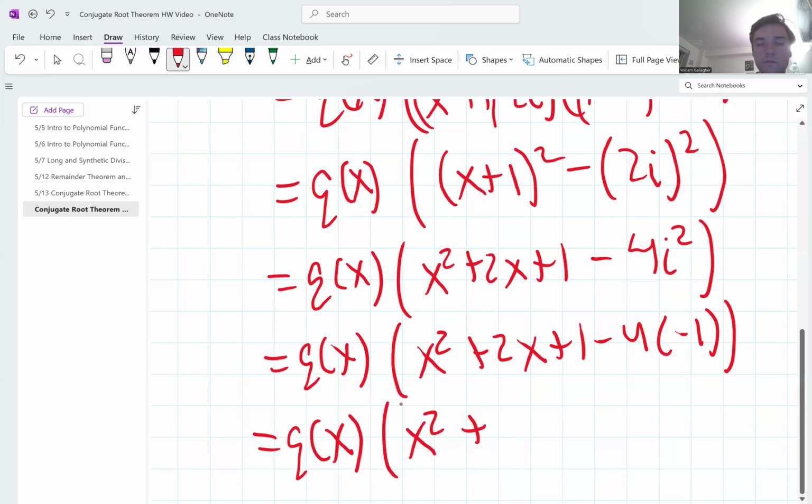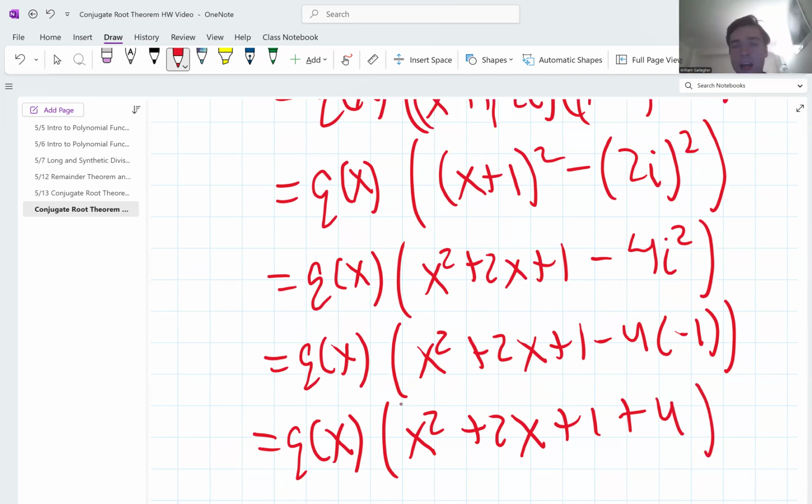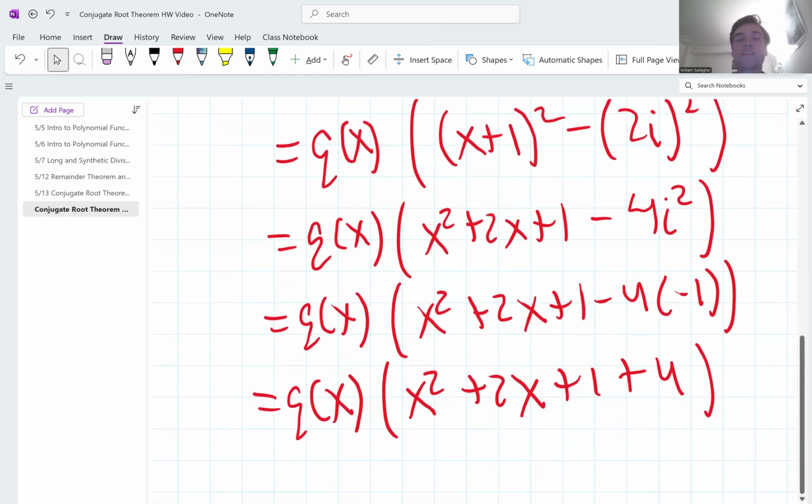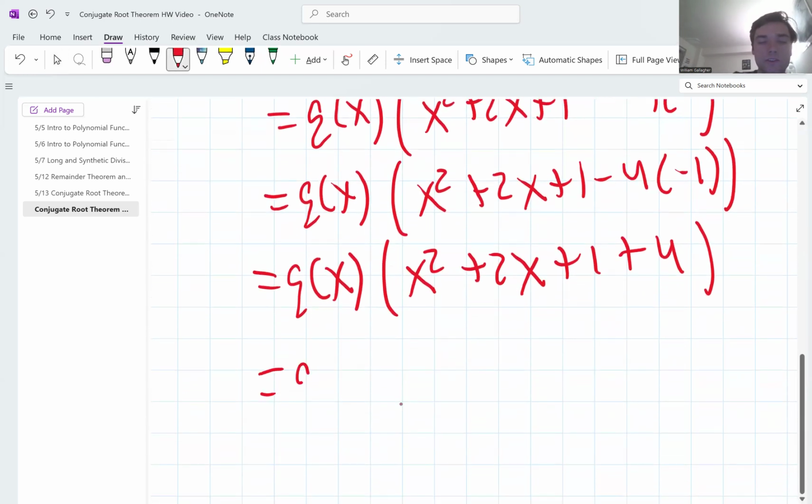And then x squared plus 2x plus 1 plus 4. All right. Again, I know some of you can probably do that all in one step. However, you want to make sure you don't make simple little mistakes. So I would highly encourage you, at least in the beginning, take your time, write everything out, be precise. And so we end up with q of x times x squared plus 2x plus 5.